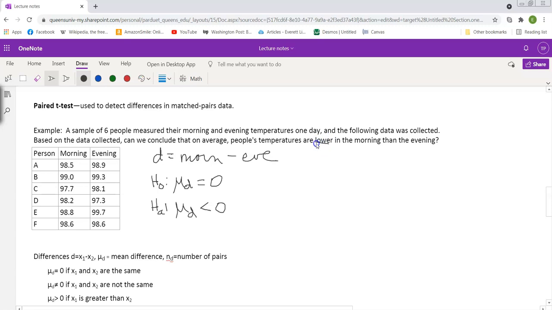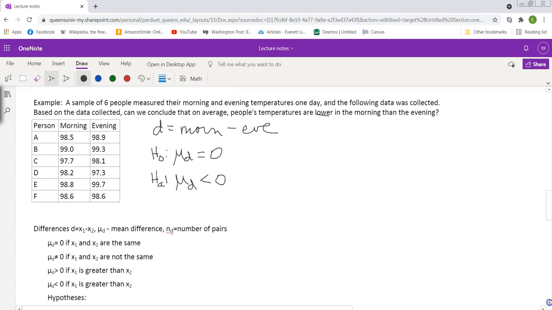That's just because if morning is lower than evening, then when we do morning minus evening, this will be a negative number.